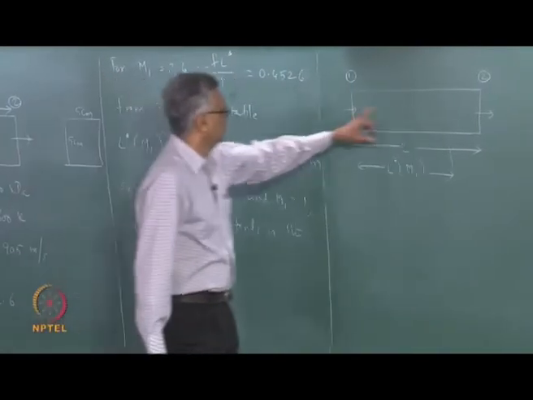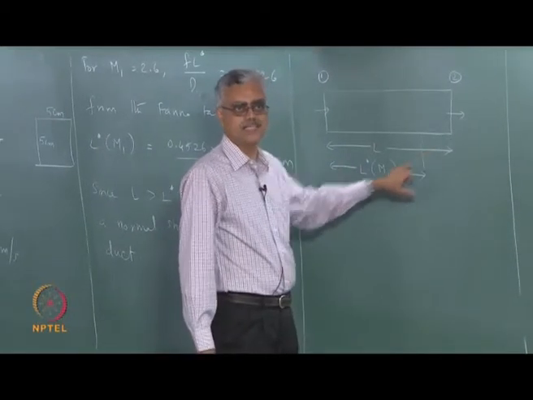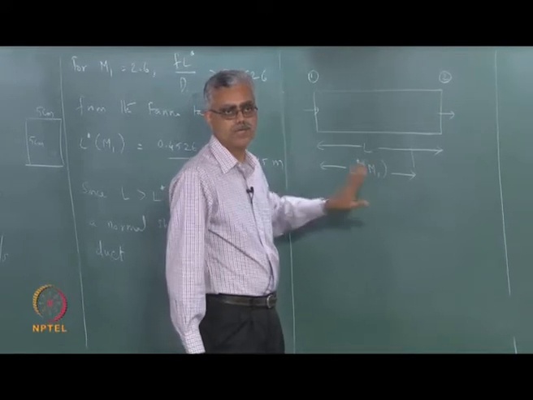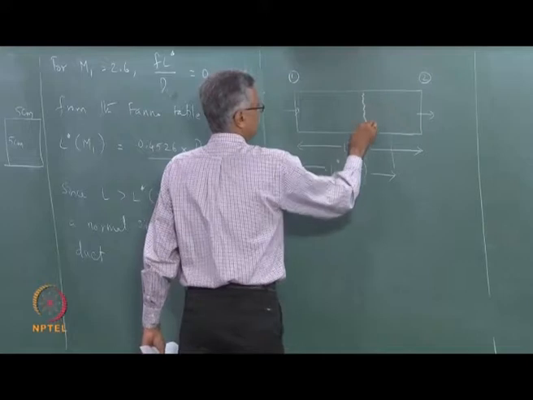Remember, L was, for this example, L was 2, but L star corresponding to M1 was less than L. So, normal shock stands somewhere in the duct like this.